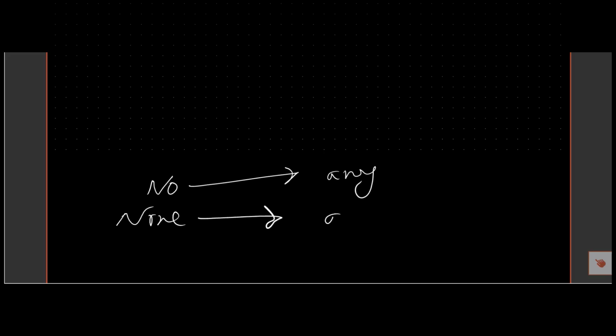And we must know some words that will be changed from assertive to interrogative. If there is "no", it will be "any". If there is "none", it will be "anyone". If there is "nothing", it will be "anything".